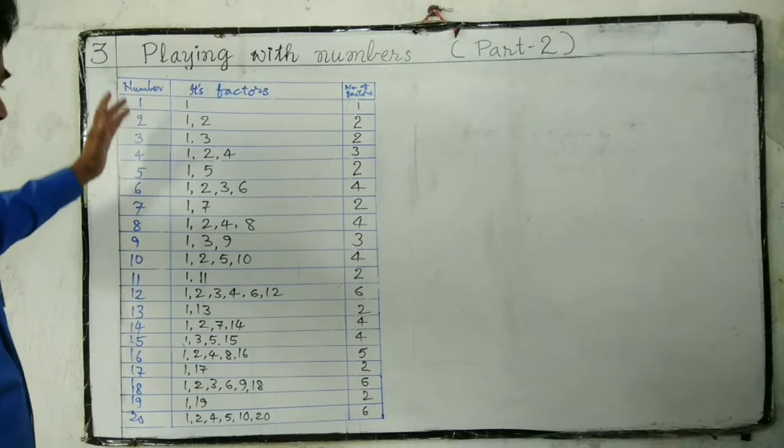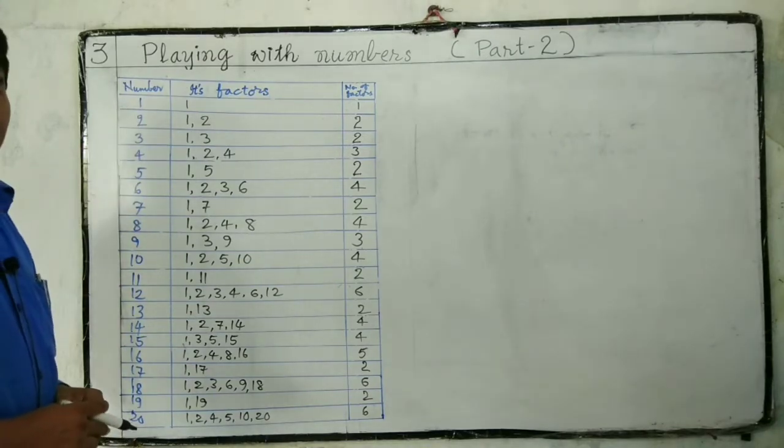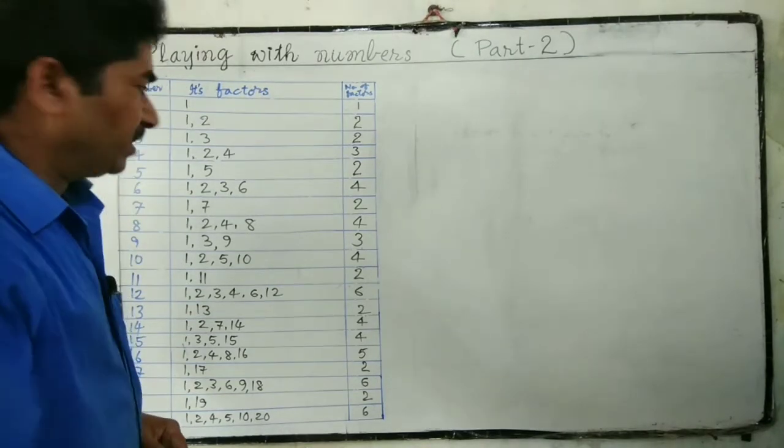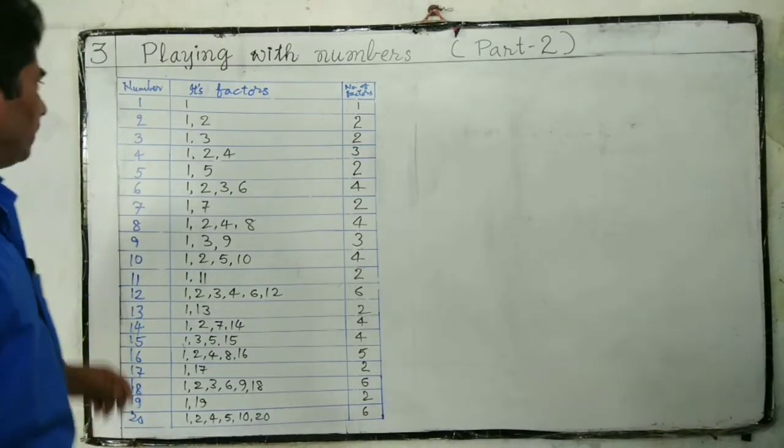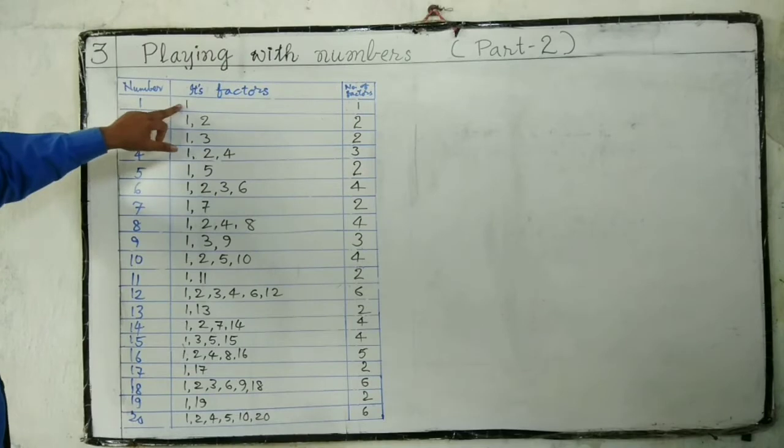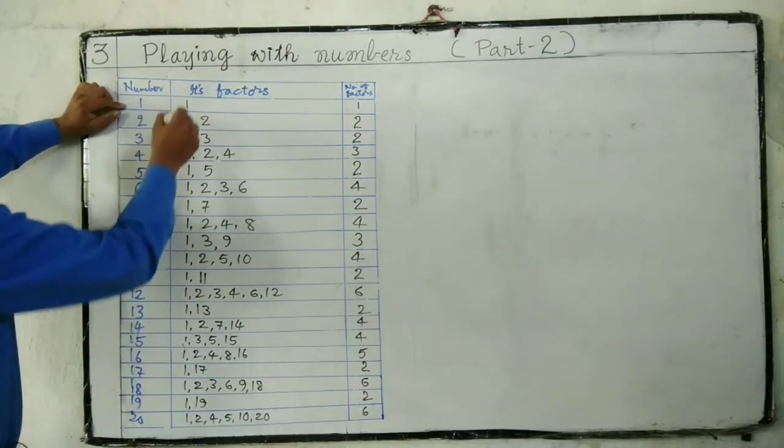Here we have some properties. By observing this chart, we can understand the properties of factors. 1 is a factor of every number.